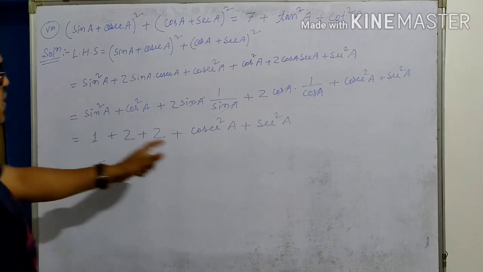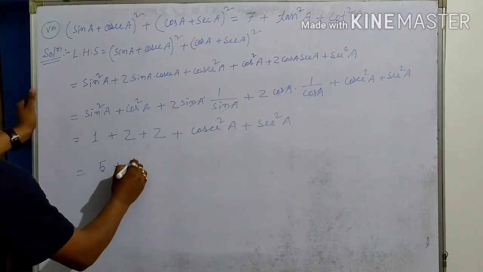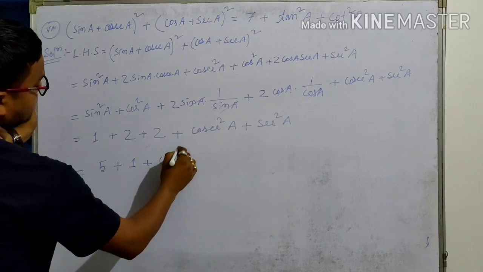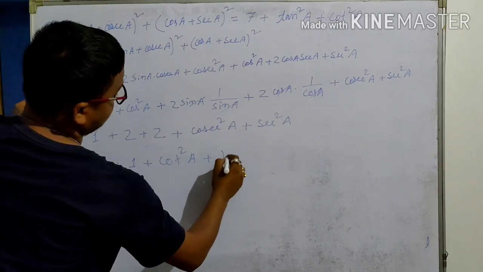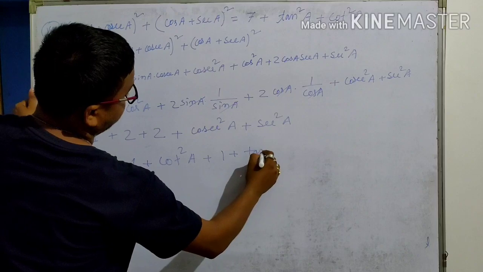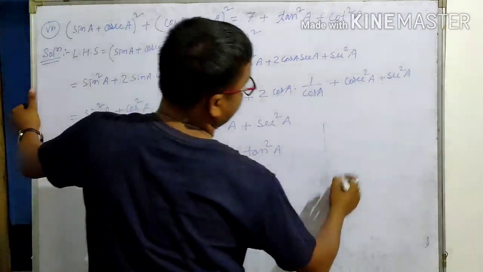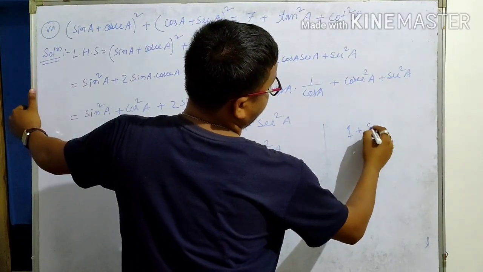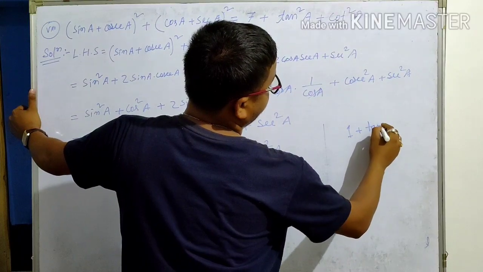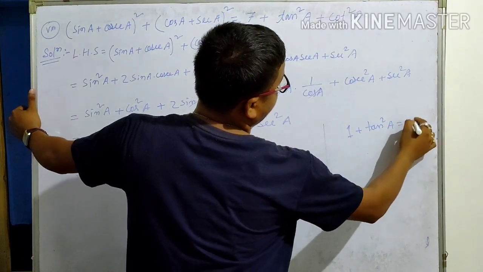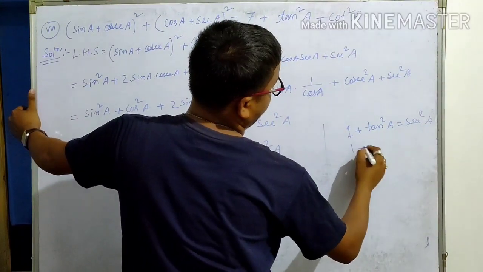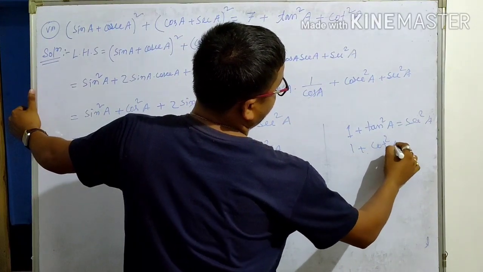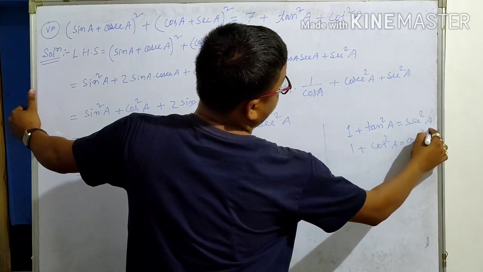Okay. Now you see cosec square a, you can write as 1 plus cot square a, and here you will write 1 plus tan square a, because we know the second identity: 1 plus tan square a is equal to sec square a, and 1 plus cot square a is equal to cosec square a.